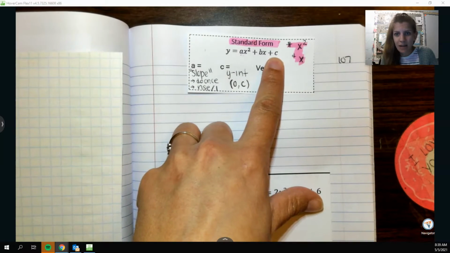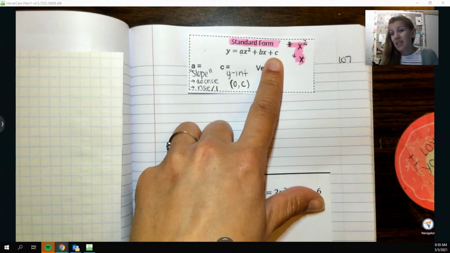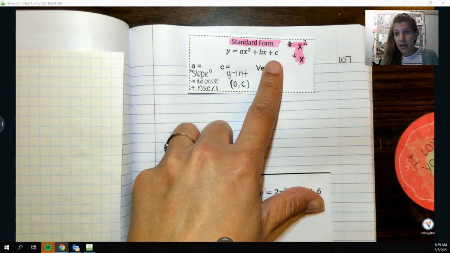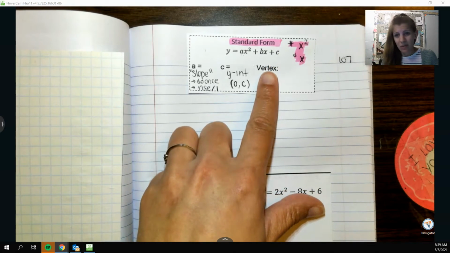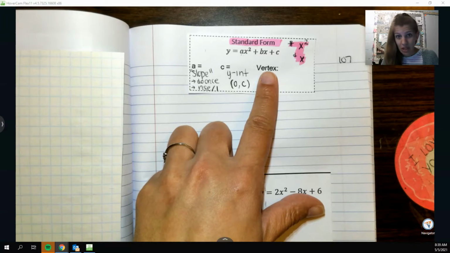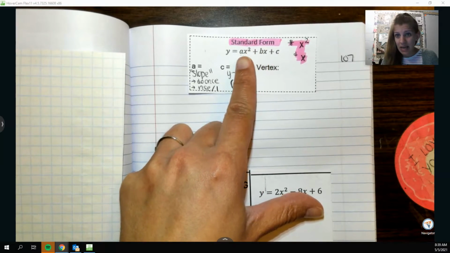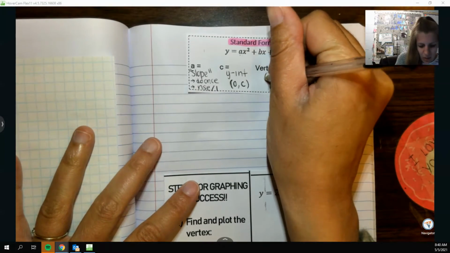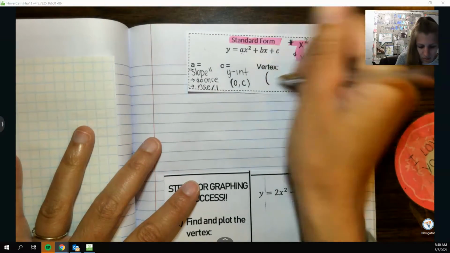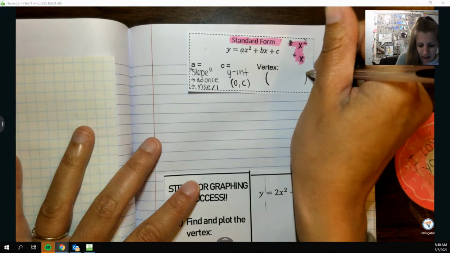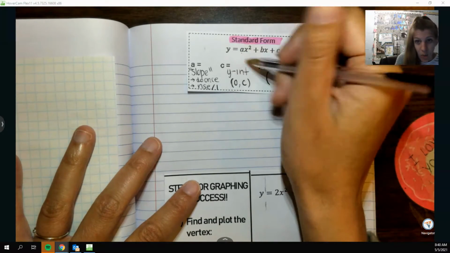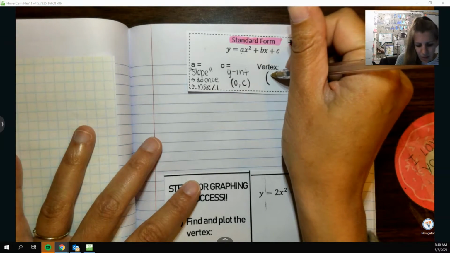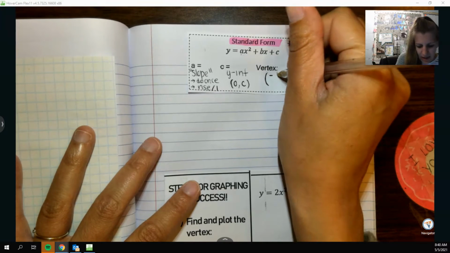I just take it. The problem is the most important point of a parabola is the vertex. And unfortunately, it's buried inside of your problem here. So we have to get it out by doing a little equation. To get my vertex when I'm in standard form, we have to do a little formula to find the x value.